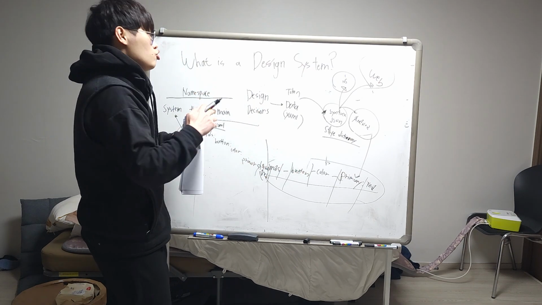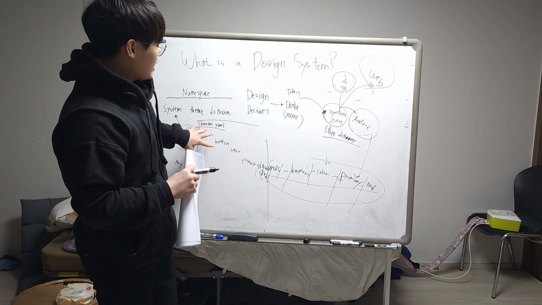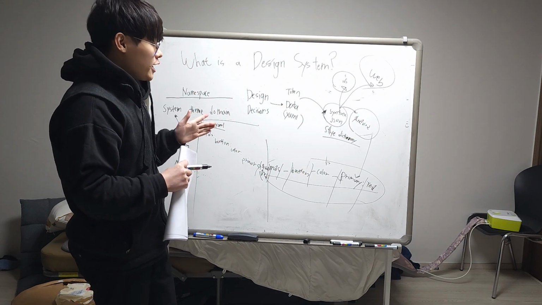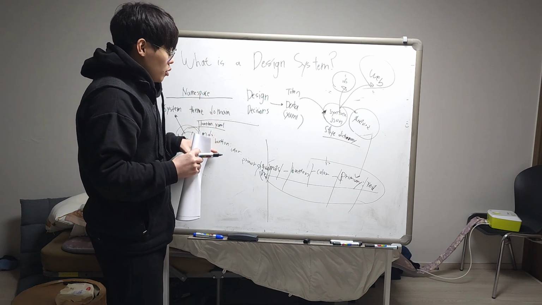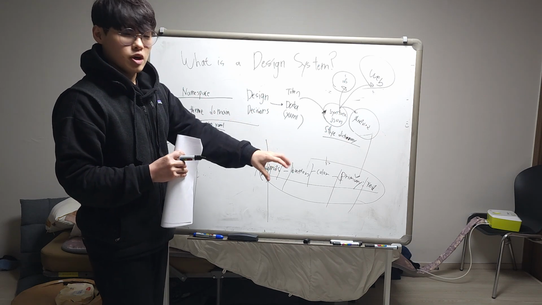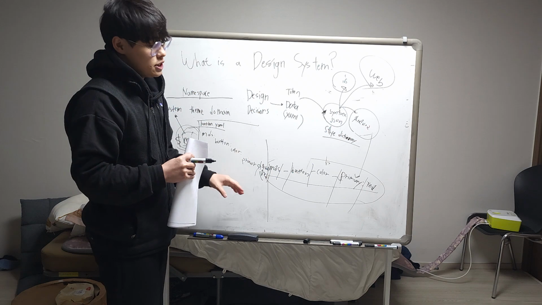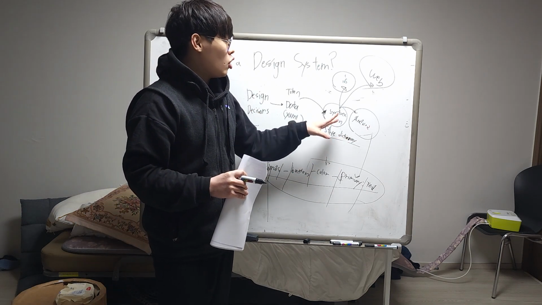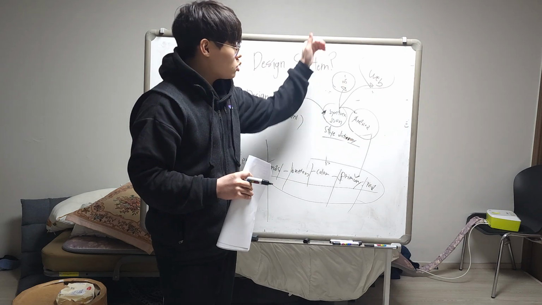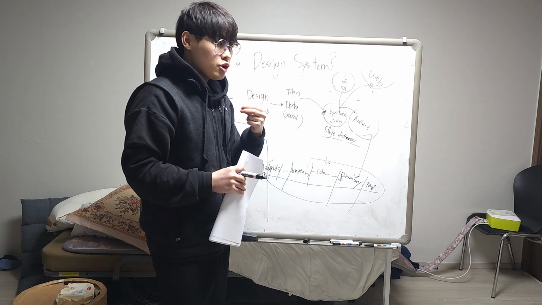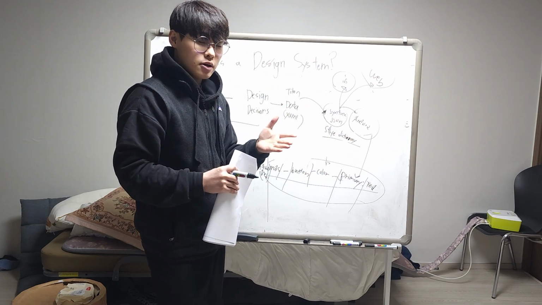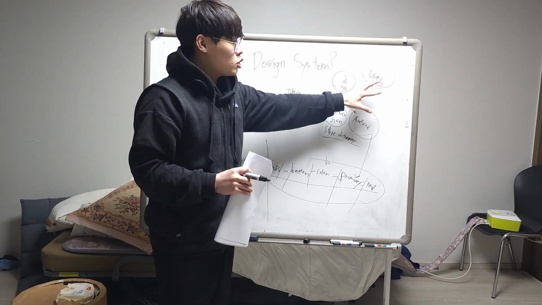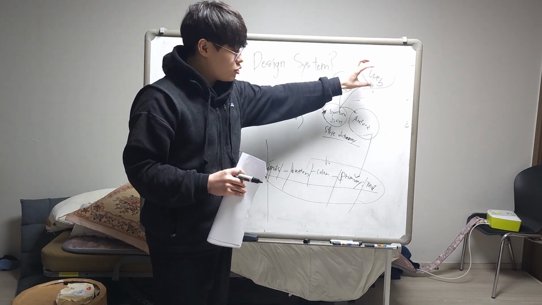After you declare your tokens in your YML, we can run the script that converts YML to JSON, because Style Dictionary only cares about JSON files. After that, we can run Style Dictionary to convert into web, iOS, or Android. I'm trying to make a design system for a web service, so I'm gonna make a CSS file, and of course, it's really easy to use.